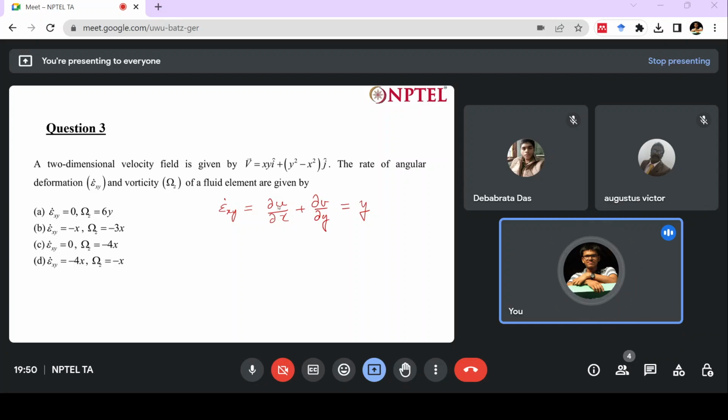So there will be no i cap or j cap here. So this is y. For v, we take the partial derivative with respect to y. So this minus x square will vanish, and this will be 2y. Right?